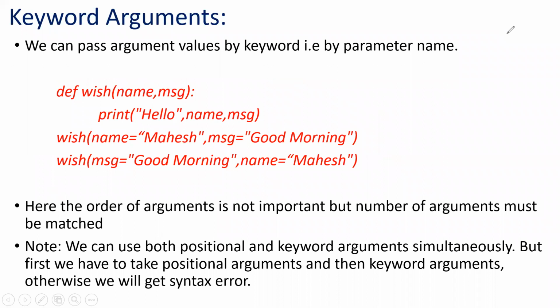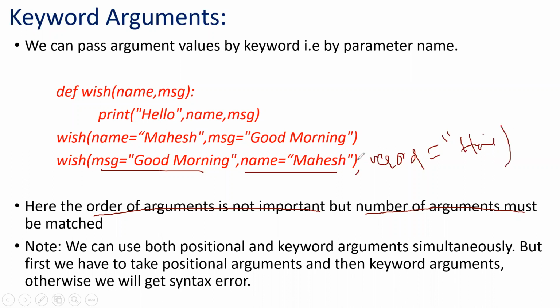This is about the keyword argument. See here, order of the argument is not important, but the number of arguments must be matched, because message equal good morning, name equal Mahesh. If I add one more, let me say good is the keyword, and let me say hi.